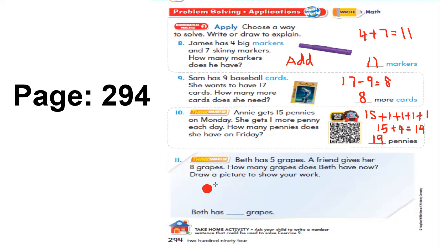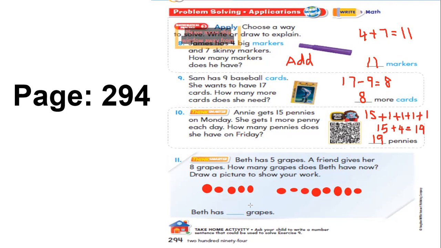Beth has 1, 2, 3, 4, 5. And then a friend gives her 8 more. So 1, 2, 3, 4, 5, 6, 7, 8.